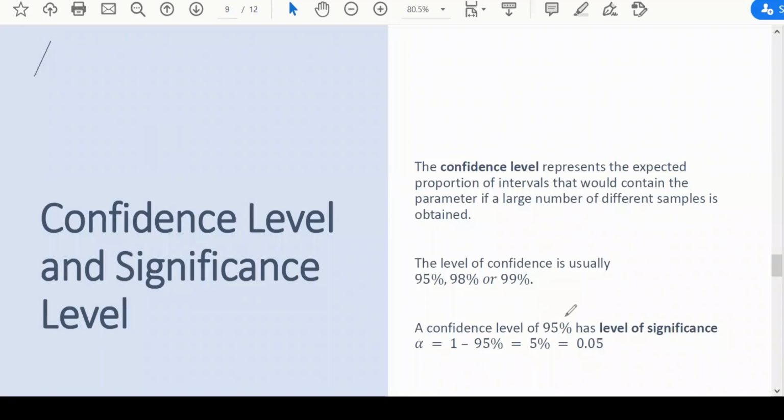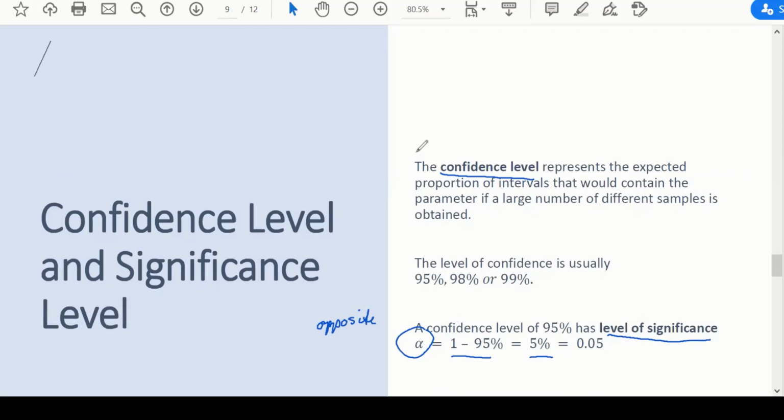The confidence level of 95% has what's called a level of significance, alpha, which is the opposite of the 95%, so 5%. So we have the confidence level, and its opposite is the level of significance. We will use the level of significance in chapter 10, so I'm just mentioning it now, and then I'll bring it up again in chapter 10.